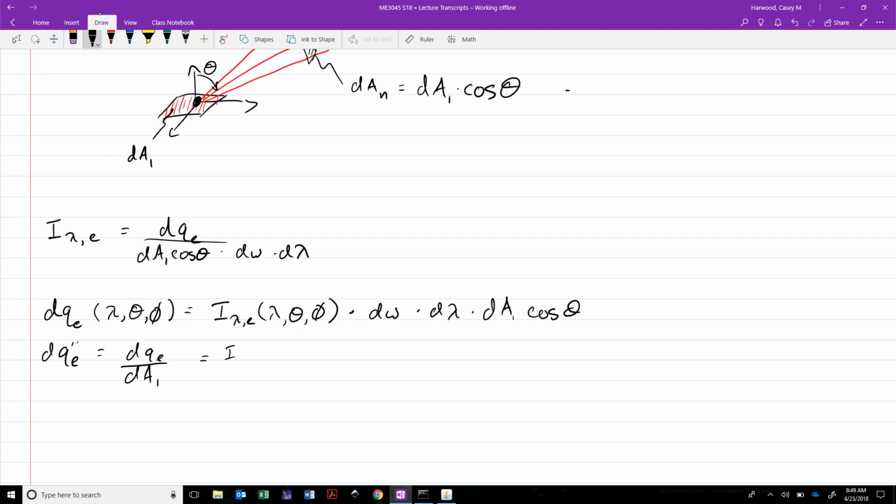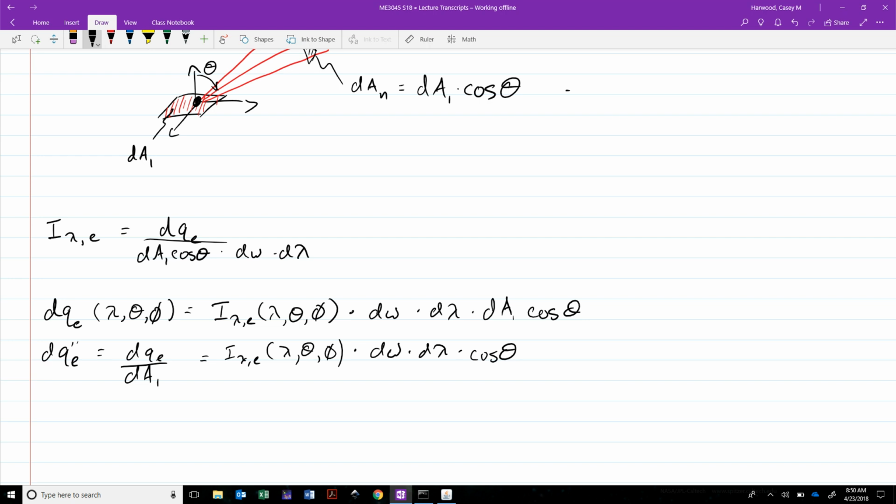So that'll be I lambda,e, which is a function of lambda, theta, phi, times d omega times d lambda times cosine theta. Heat rate, heat flux, same as we've been talking about. The only thing to note is that this heat flux has to be heat rate per unit area. That area is not the projected area.